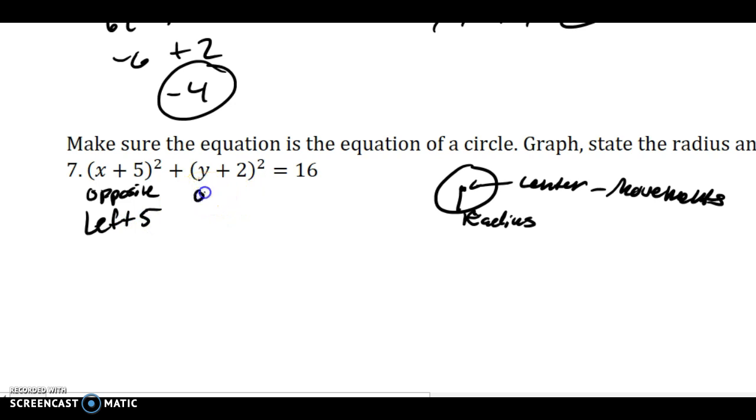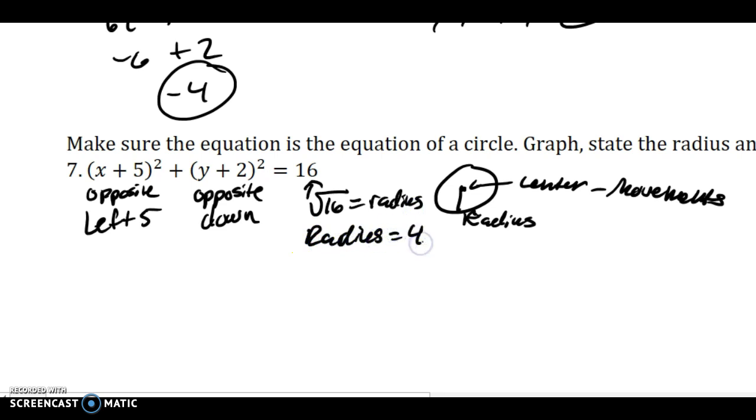This one right here is opposite as well. So now y is opposite. It is also in parentheses, so I guess that makes sense. Y is opposite, so instead of going up, we're going to go down. Okay? And then this right here, the square root of that number, 16, is the radius. So the radius is 4.